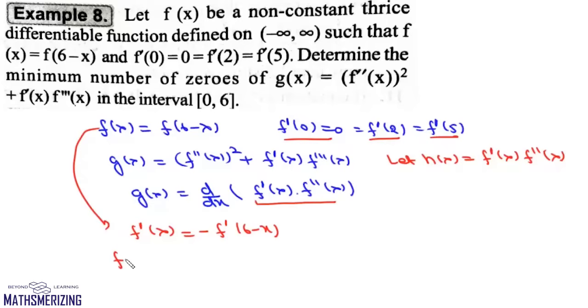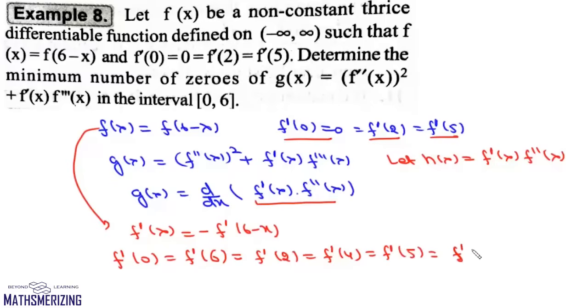So if we put x as 0, we'll get f'(0) equals f'(6), and if we put x as 2, we'll get f'(2) equals f'(4), and if we put x as 5, we'll get f'(5) equals f'(1), and if we put x as 3, we'll get f'(3), and all of them are 0. So this f'(x) will have 1, 2, 3, 4, 5, 6, 7, at least 7 zeros.